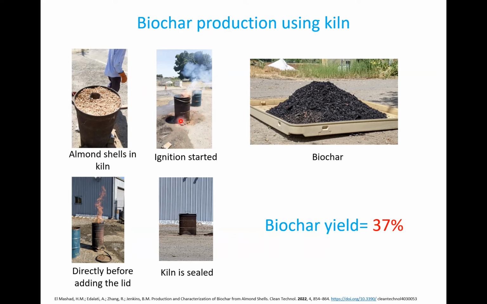And then after initiation, you would have to wait maybe 15 to 30 minutes until the content of the reactor, in this case this kiln, started to be heated up to a certain temperature.